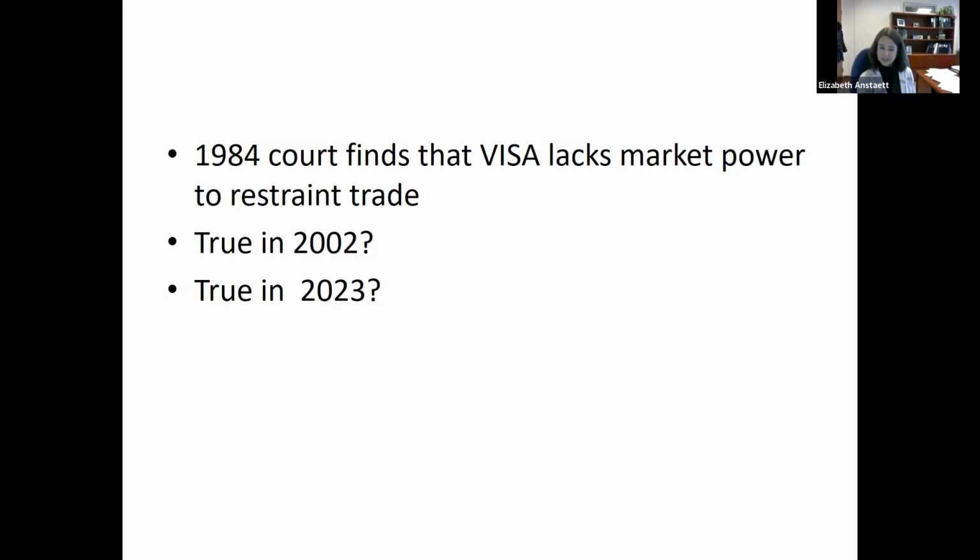And so the question is, has the situation changed more, but maybe in a way where there are more different players and more different payment methods. So if anything, I would say sort of the height of Visa and MasterCard's power was probably around 2002. And now that we get further into the 2020s, there are more options.